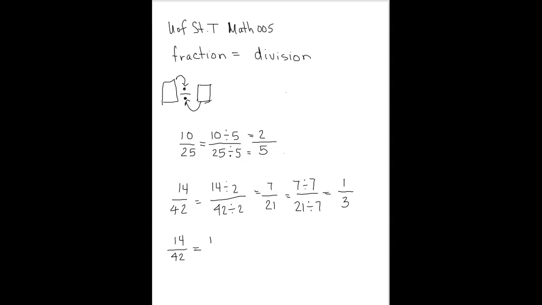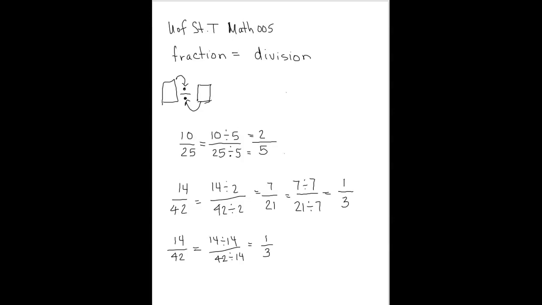If I had taken the 14 and divided by 14, and my 42 and divided by 14, I'm going to again have that 1 over 3. And yes, you get there a little quicker, but the bigger the number that you're trying to divide by, I find people have a harder time doing that, and so we wind up having issues with that.